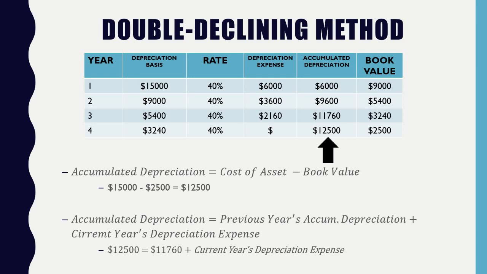We know for a fact that it's 2,500 for salvage value, and you're going to undo it. When you're trying to solve for the rest of the things, you're going to work backwards.